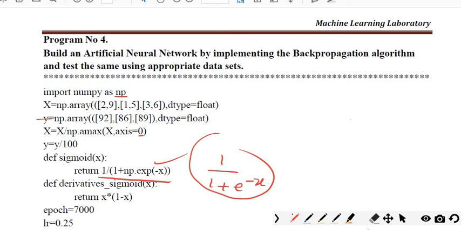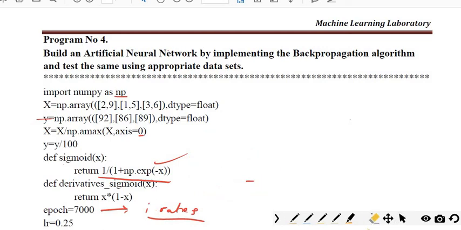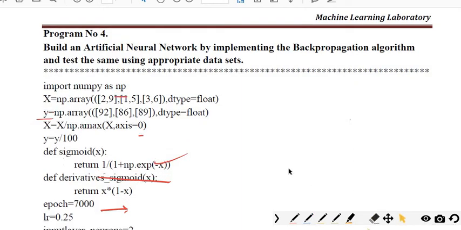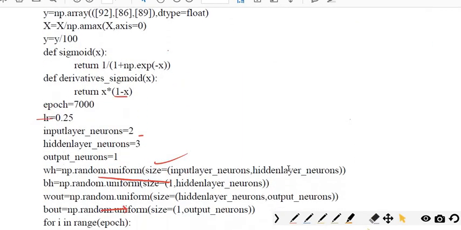This expression I have written in code. Here epoch is nothing but the iteration: how many times I have to repeat, how many times I have to change the weights, and calculate the output. It is 7,000 times, because I have to get the accurate output. To get the accurate output, we need to repeat the iterations, or repeat the steps.